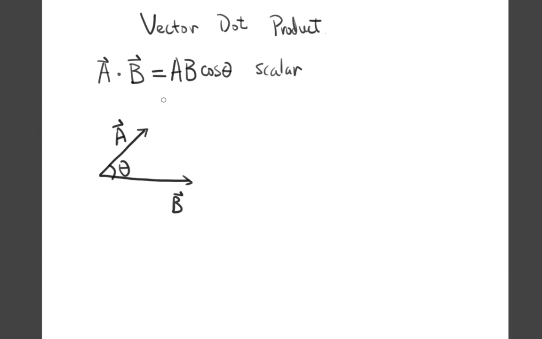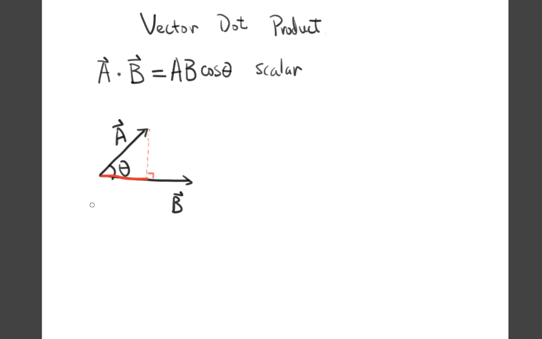Now let's look at A times cosine theta. What is that? Let's draw a vertical line from A's head to B vector's direction. And A cosine theta is exactly this length. So that's A's projection to B's direction.